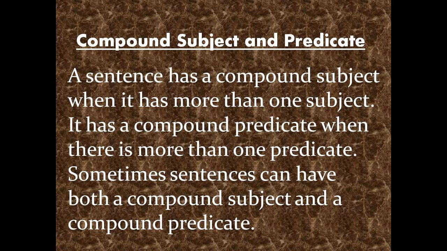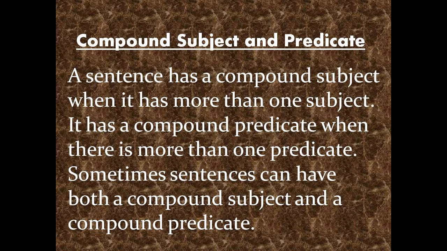Now we come to the next subtopic, that is compound subject and compound predicate. Now this is quite simple. A sentence has a compound subject when it has more than one subject. Generally, sentences have one subject and one predicate, that is one subject and one verb.